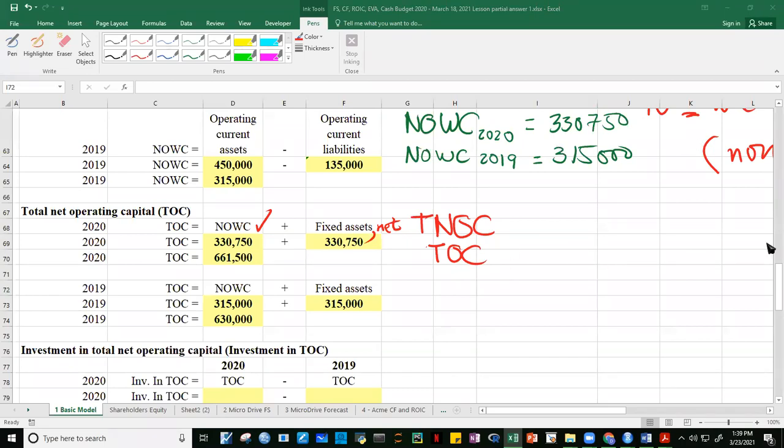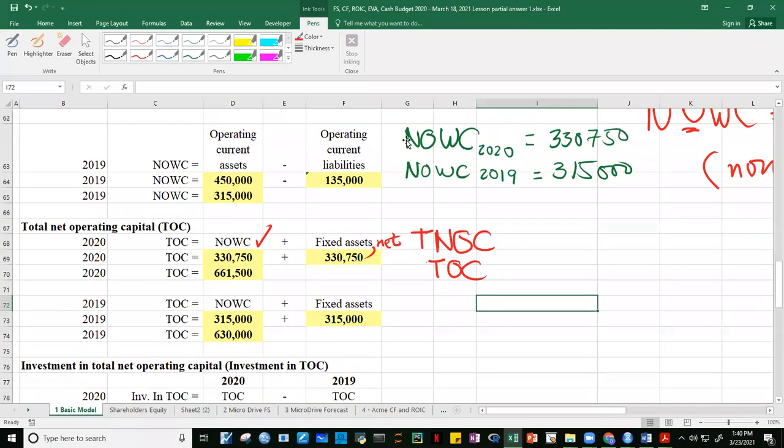All right. So, what this is telling us, unang-una guys, let's understand what TOC or TNOC means. It's the operating capital provided to management. So management was provided in 2019 with operating capital.